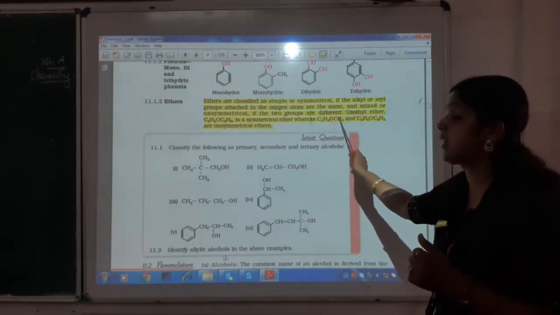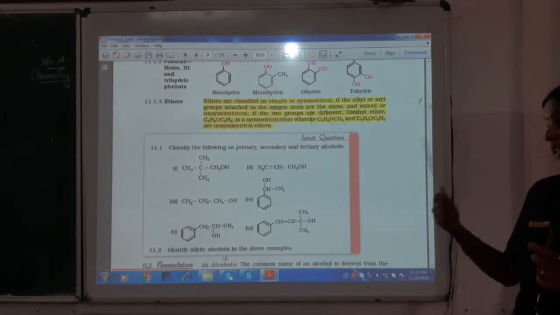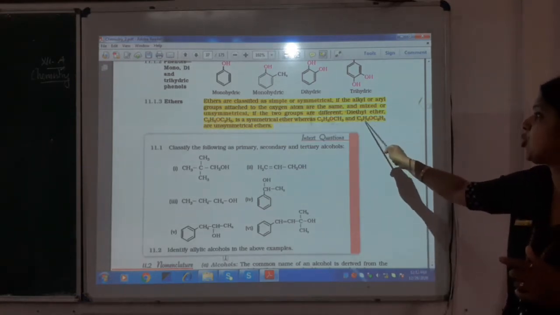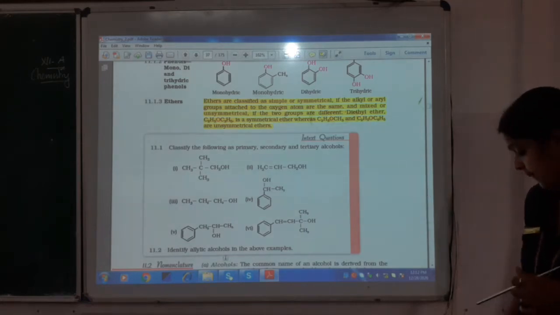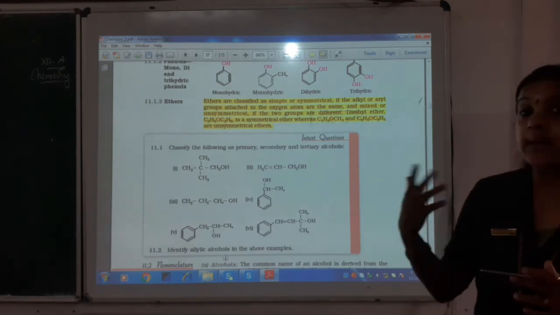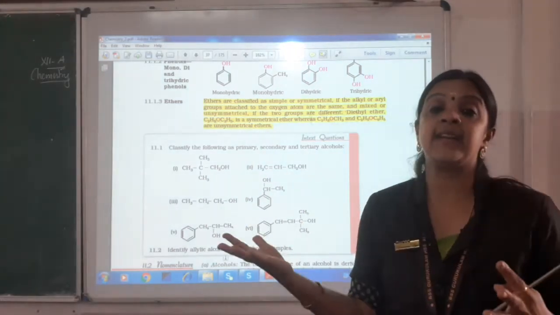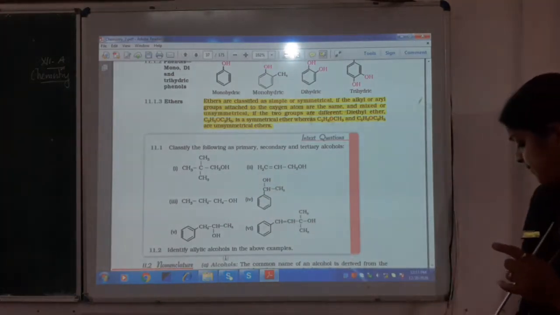But if you have different alkyl groups, you call it an unsymmetrical ether. Say here you have a phenyl group and here an ethyl group, again it is unsymmetrical. So ethers are classified as symmetrical or unsymmetrical depending on the alkyl or aryl groups present on both sides of oxygen.